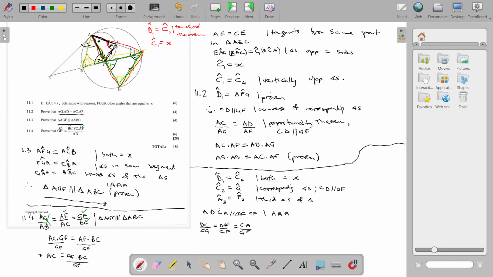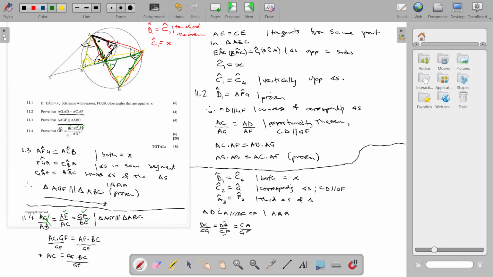What are we going to do from there? Go back to our ratio. We once said CF was left out. Let us check. We have CF there, we have CF here. Let's check another one which was left out. It was AD. Here, this is DA.